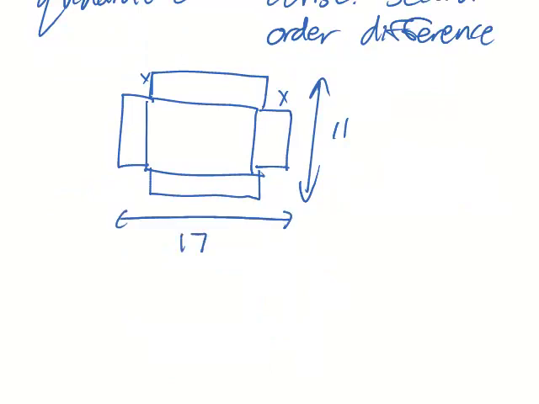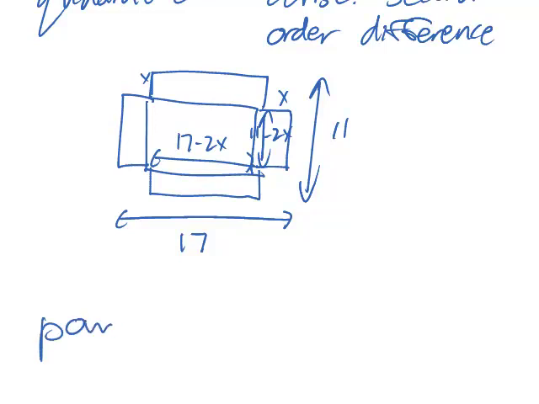When you multiply these terms out, 17 minus 2x and 11 minus 2x, the width and length of this box, you'll get x squared. You also end up getting a quadratic. So quadratic functions can be used to model some kinds of area problems.